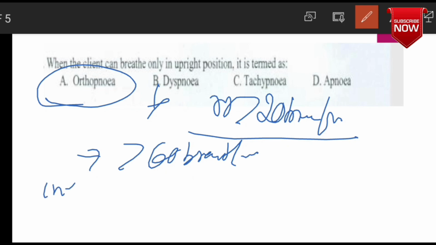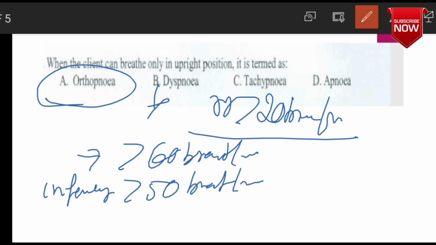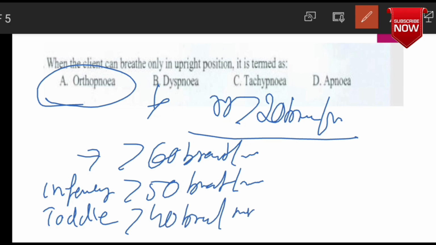In case of infancy, the respiratory rate more than 50 breaths per minute is considered as tachypnea. In case of toddler, the respiratory rate more than 40 breaths per minute is tachypnea.